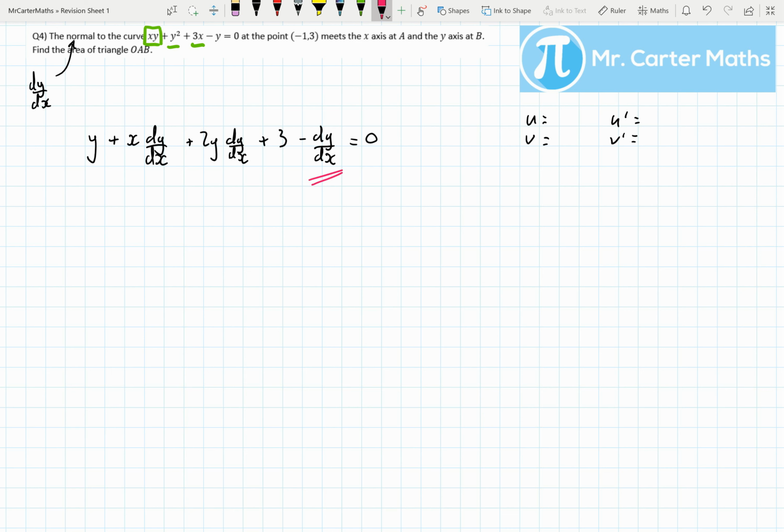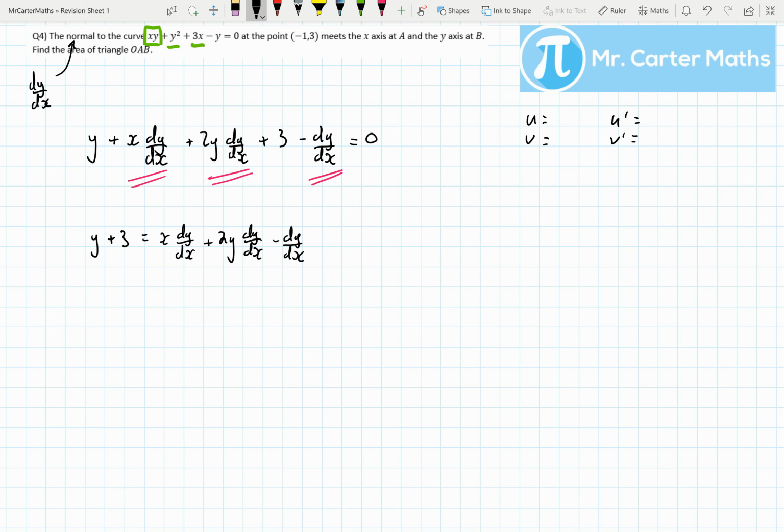So I'm going to think about moving these 3 terms with dy/dx onto my other side of the equation, which is going to give me y plus 3 equals x dy/dx plus 2y dy/dx minus dy/dx.